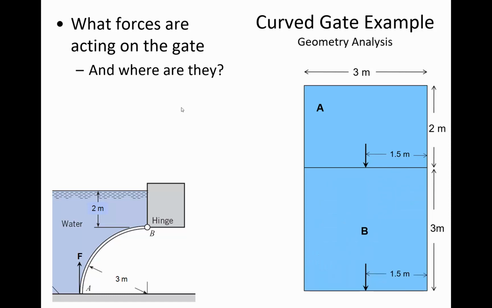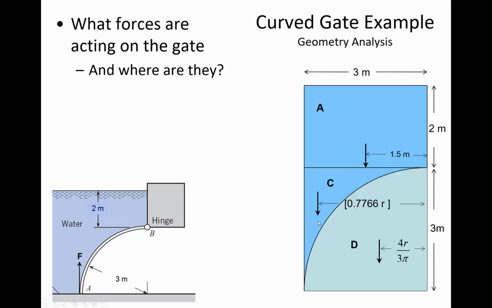There's 2 meters vertical distance from B up to the water surface, and then 3 meters from B out to the side. That 3 meter distance is one component, and then it's 4 meters into the page. If this rectangular part's force location is right in the center, then the question is, what about the force component for this wedge piece?